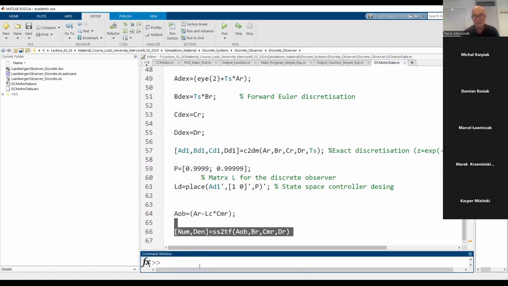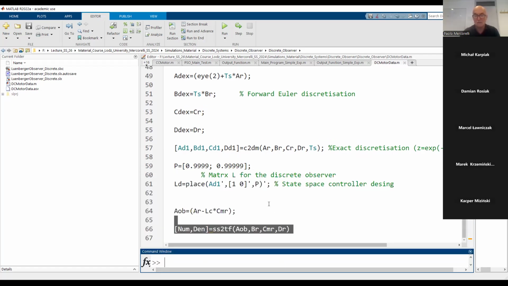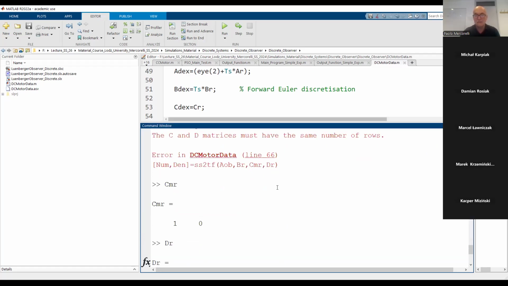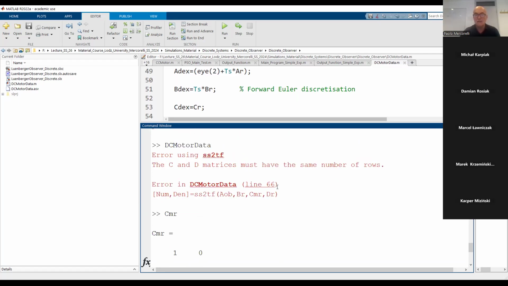Let me see DR. BR. This seems to be correct in my opinion. Matrix C and D must have the same number of rows.